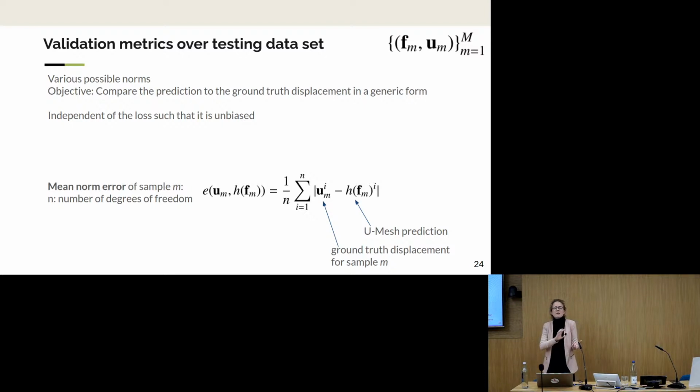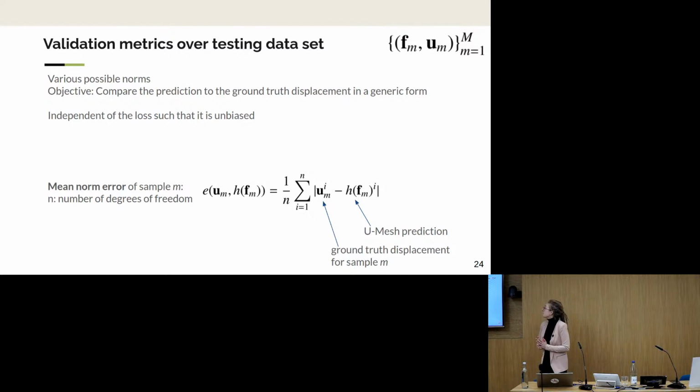Moreover, if they are independent, we avoid introducing any bias. So we decided to compute what we call the mean norm error of each sample, that is basically the average nodal L1 norm. We also compute the average and the standard deviation of such norm over the entire testing dataset.